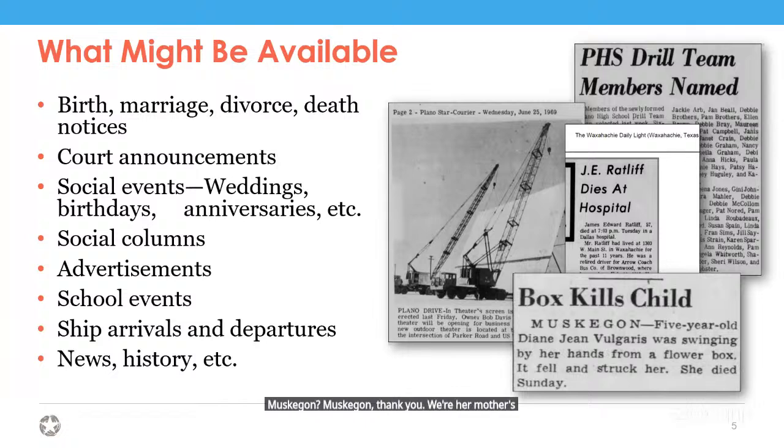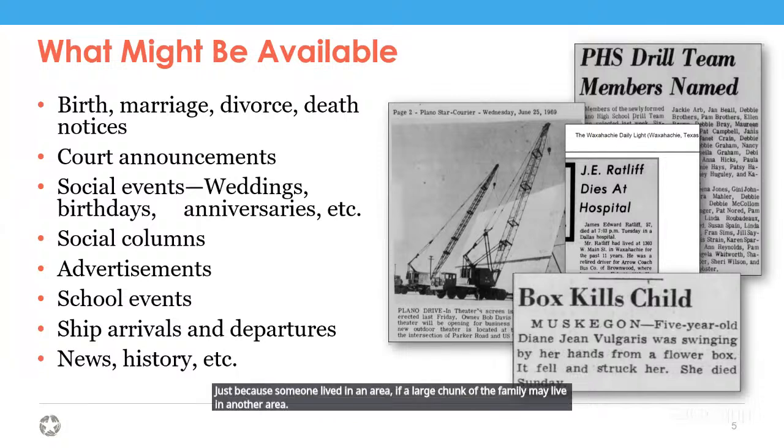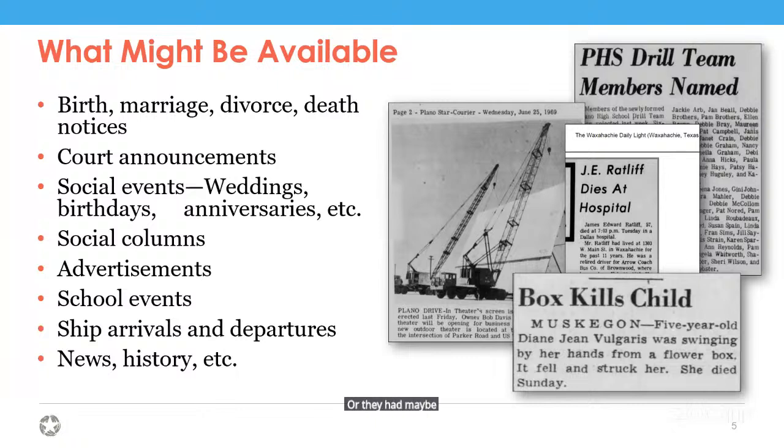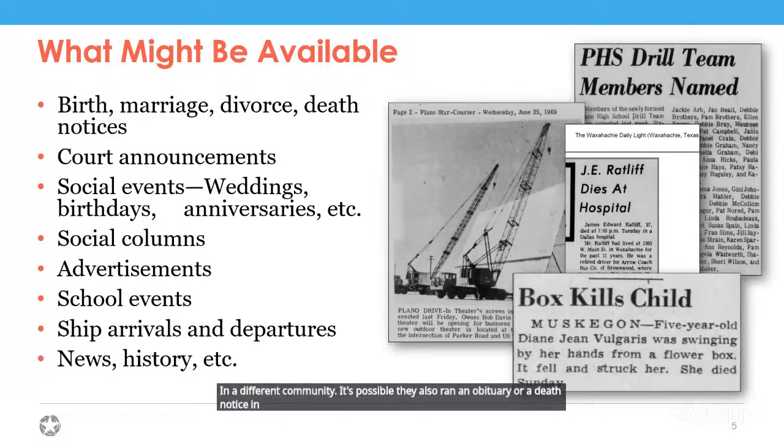So just because someone lived in an area, if a large chunk of the family may live in another area, or they no longer lived in that area, but had friends and some family in a different community, it's possible they also ran an obituary or a death notice in some other location other than just right in your community where they're from.